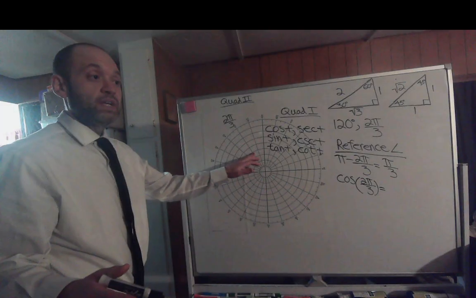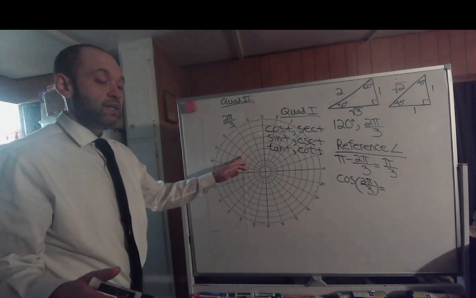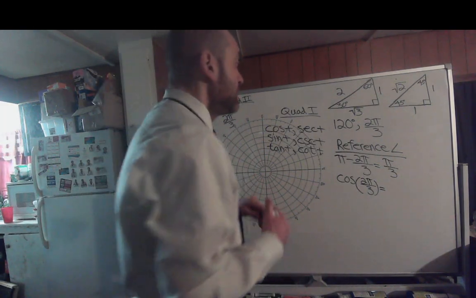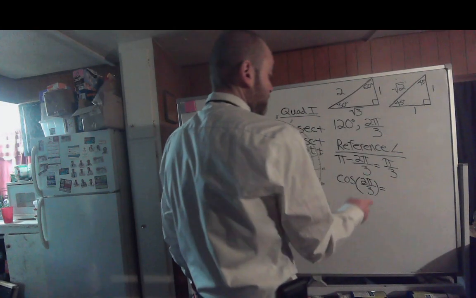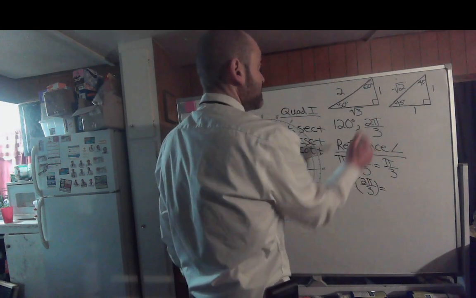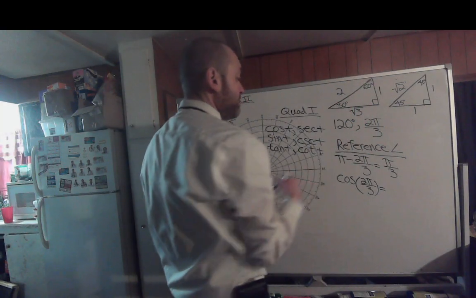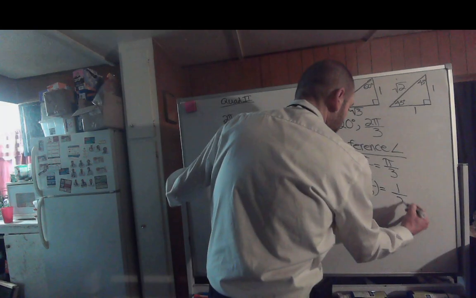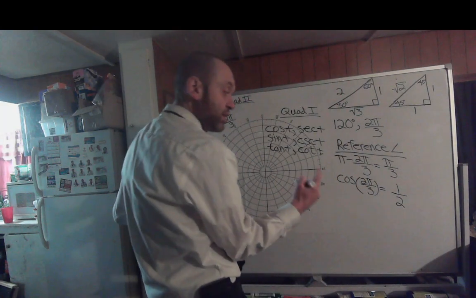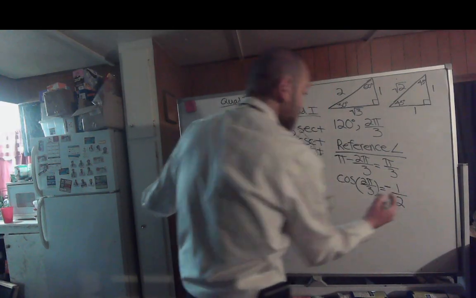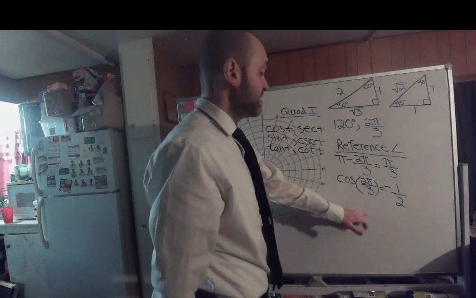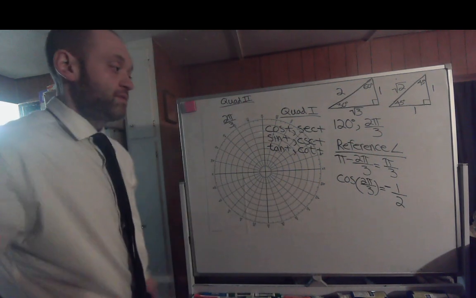Your x coordinate is negative, right? It's always negative. So let's look at 2 pi over 3, which would be 60. The cosine is adjacent over hypotenuse. Normally for pi over 3 it'd be 1/2, but since you're in the second quadrant, you put a negative sign. So your cosine at 2 pi over 3 is actually negative 1/2.